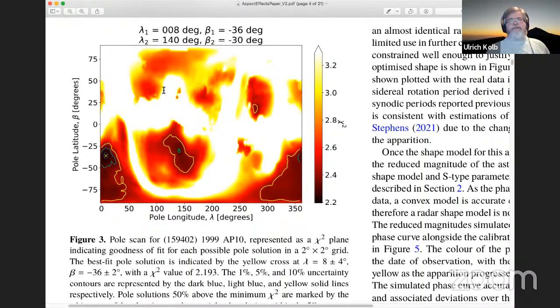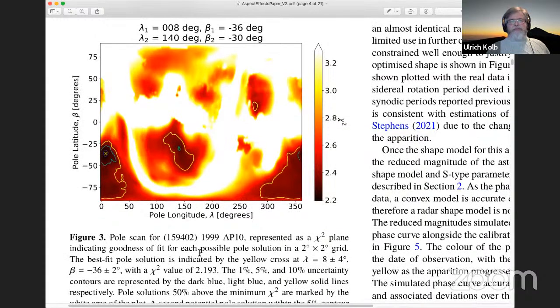And as you can see, this is by no means unique. What we can say is that the deepest minimum, so to speak, is here. Those are the values I quoted to you, but the uncertainties depend on how you want to do it.